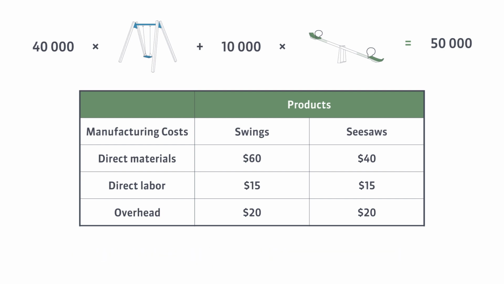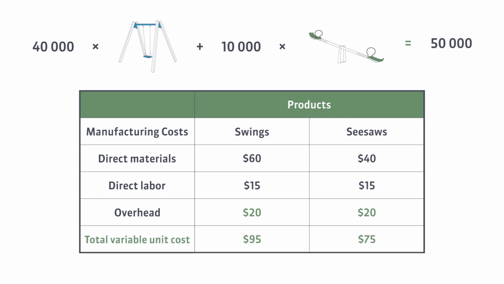Since both products require 1 direct labor hour per unit, both products are allocated overhead costs of $20 per unit under traditional costing. Let's now summarize the costs for both products. As you can see, the unit cost under traditional costing is $95 for a swing and $75 for a seesaw.